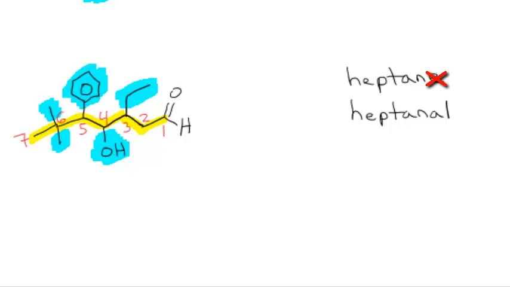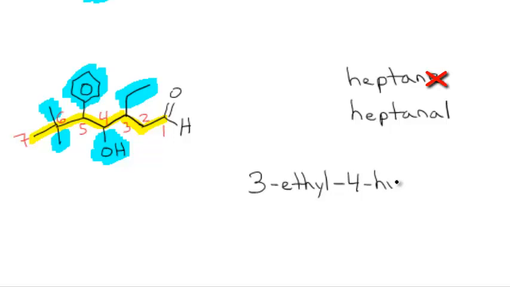Now that we have our parent name, we list out our substituents in alphabetical order, indicating their carbon location. So first in alphabetical order is our ethyl group. Our next substituent in line in terms of the alphabet is our 4-hydroxy.